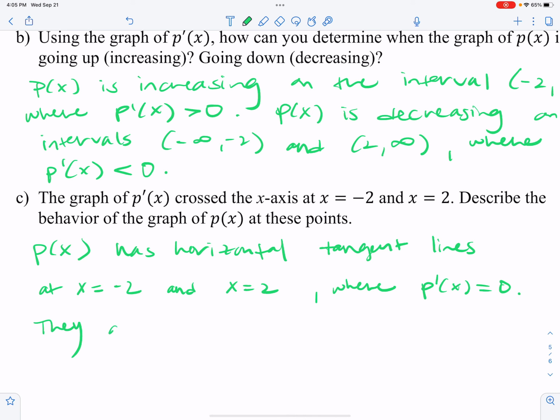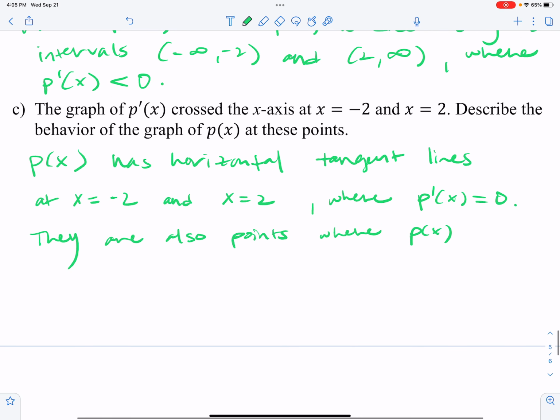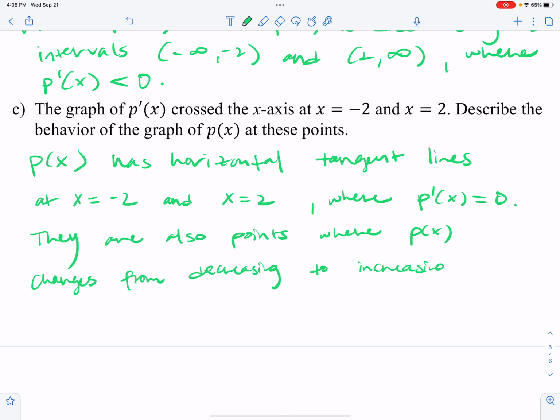They are also points where p of x changes from decreasing to increasing and increasing to decreasing.